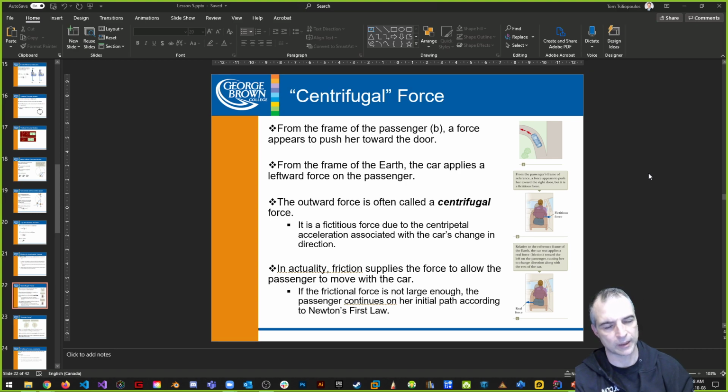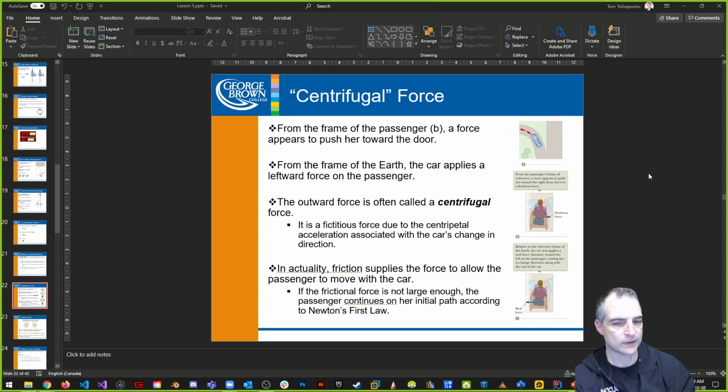What does this mean? It means when you're traveling inside of a car, you don't feel like you're accelerating. You feel like you're sitting in place, right? So your frame of reference is related to the car. It's almost like you're a child of the car object. Your coordinate frame, if you will, is moving along at the same pace as the car, right?